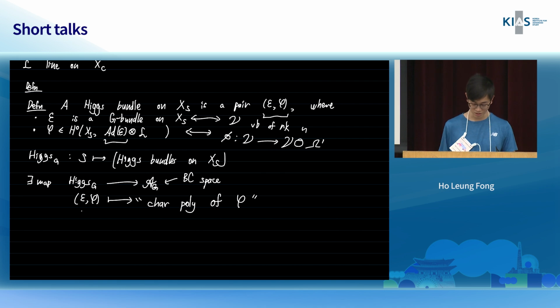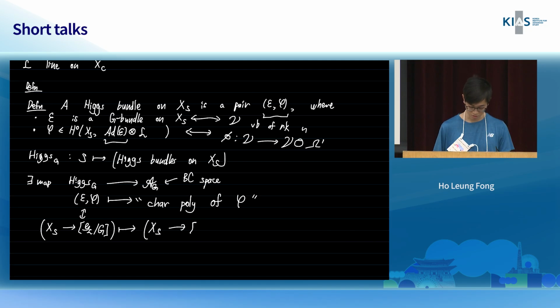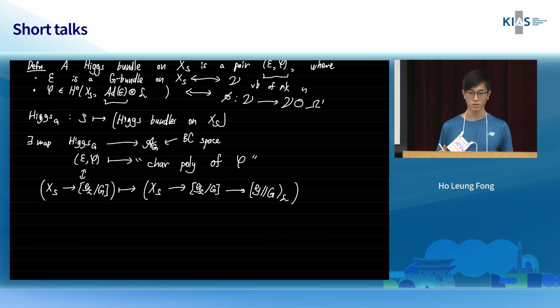To be more precise, actually, the data of (E, phi) is equivalent to the data of a map of stacks from X_S to the quotient stack. And what this map does is that it composes this map with the map from the quotients to the GIT quotients.